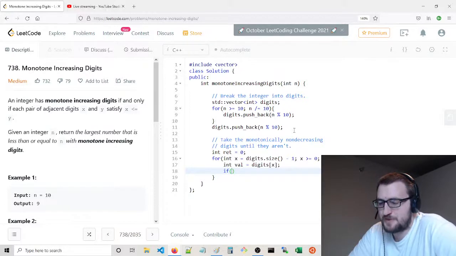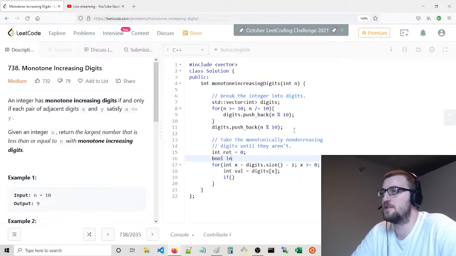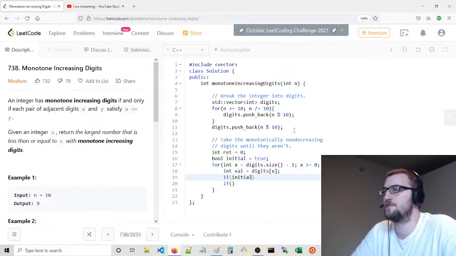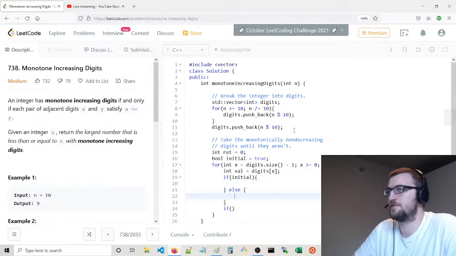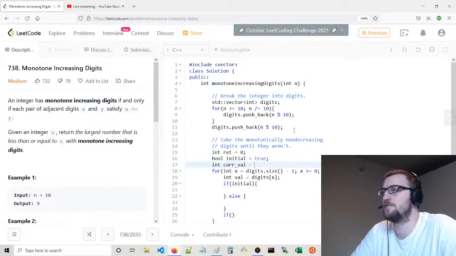So to be monotonically increasing, we could say boolean initial equals true. So if initial, otherwise, and we're going to say current val is -1.